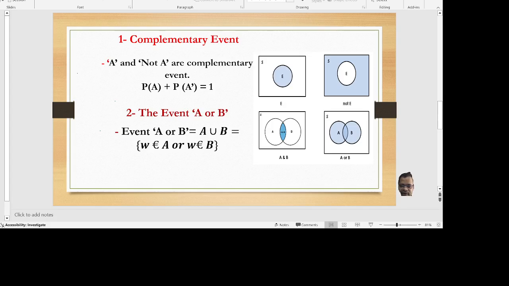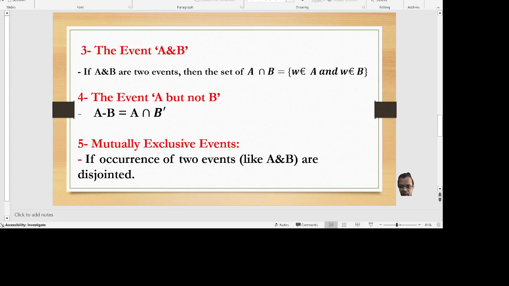Let's see the Venn diagram here. Here it is A and B. The common outcomes between A and B are expressed as A and B, or with this sign. So you will not be confused.